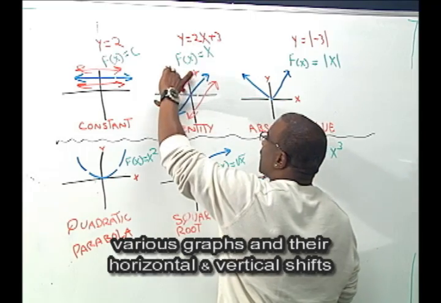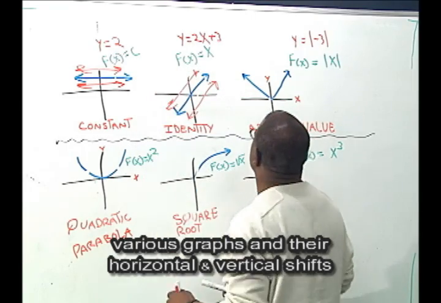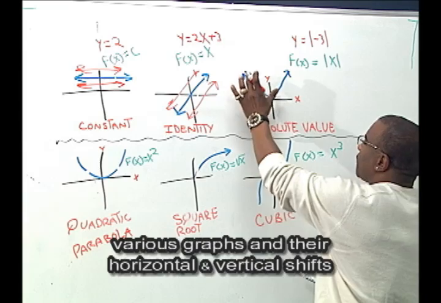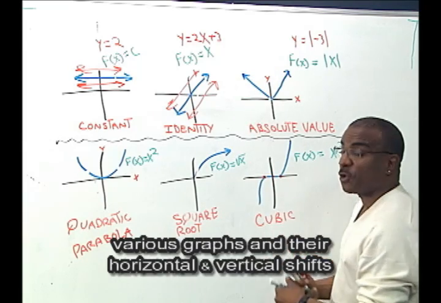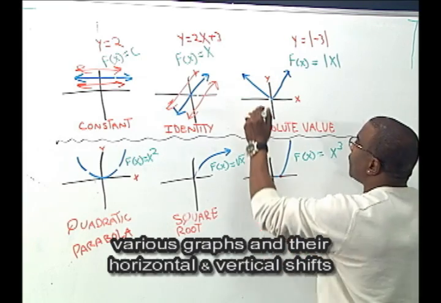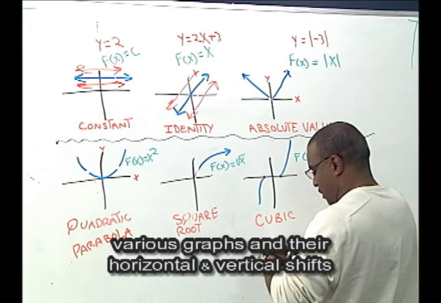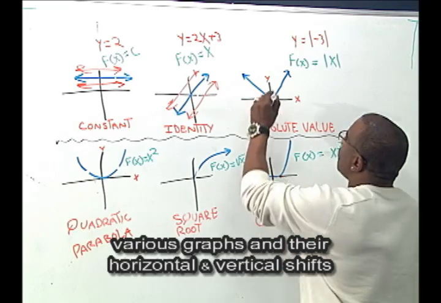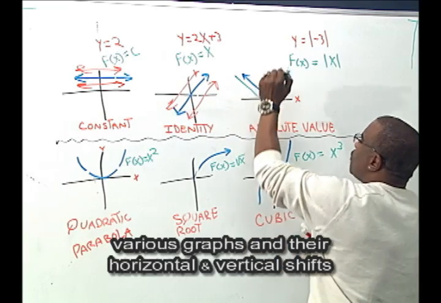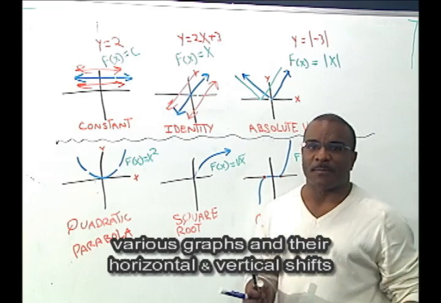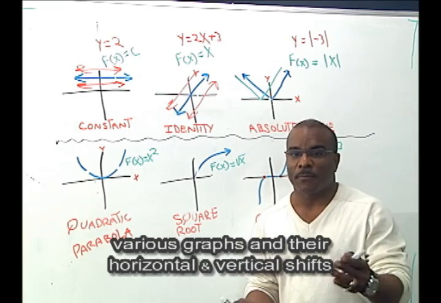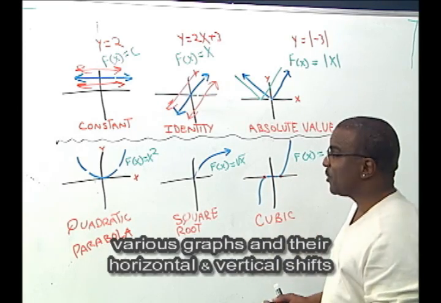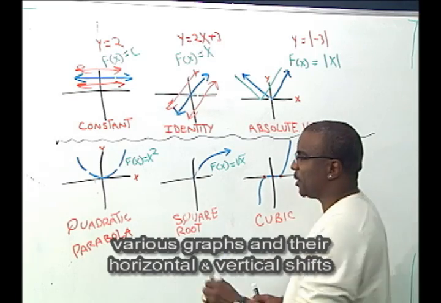So this blue line could actually shift to the right or to the left. Let's see the shift here. You tell me, is this a vertical shift or a horizontal shift? If I was to take it and move it from here to there, you probably would say that is some sort of horizontal shift. So that's what I mean by transformation or transforming a function.